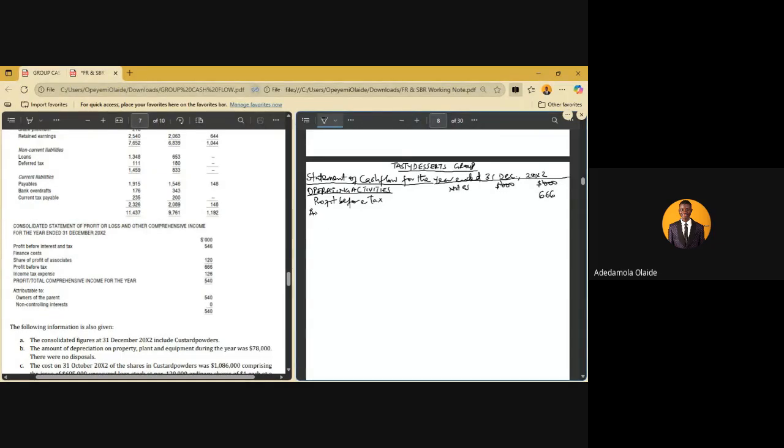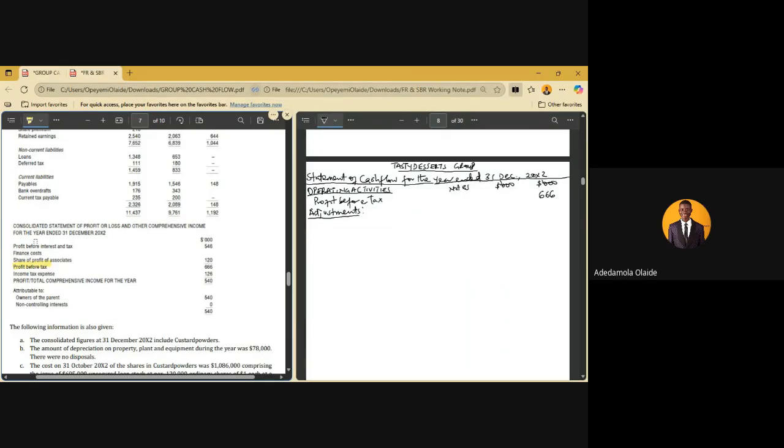Then we do the adjustments. Adjustments for those items that are not operating in nature, and also those items that are non-cash transactions. So if we look at this PBT, can you guys hear me? Yes, sir.